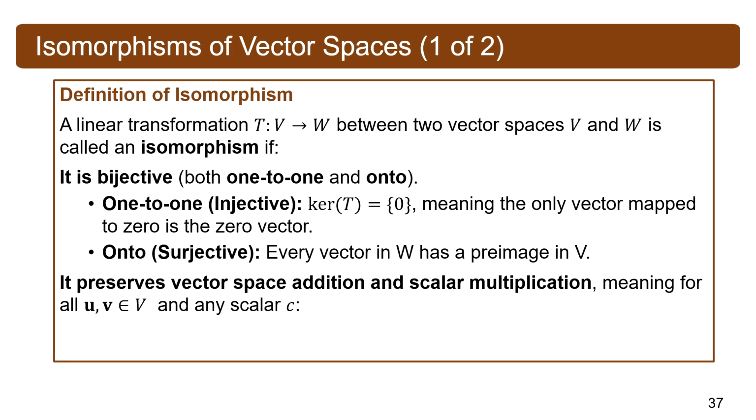So if that would be the case, then they are what we call isomorphic vectors. A linear transformation between two vector spaces V and W is called an isomorphism if, number one, it is 1-to-1, and if it is onto. 1-to-1 is injective, onto is surjective. And it preserves vector space addition and scalar multiplication, meaning for all u and v that belong to a vector space and any scalar c.